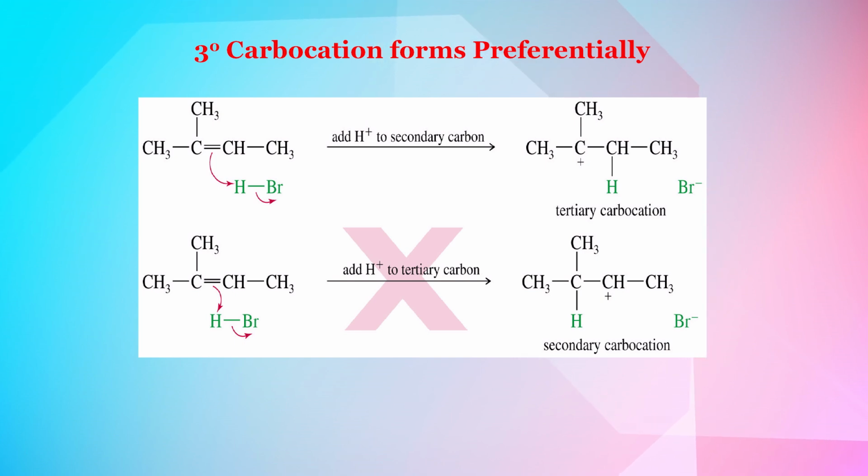Whereas in the second case, the hydrogen bonds to the carbon attached to 2 methyl groups, and we get a secondary carbocation. We know a tertiary carbocation is more stable than a secondary carbocation. So in this case, the first reaction is possible and the second reaction will not take place.